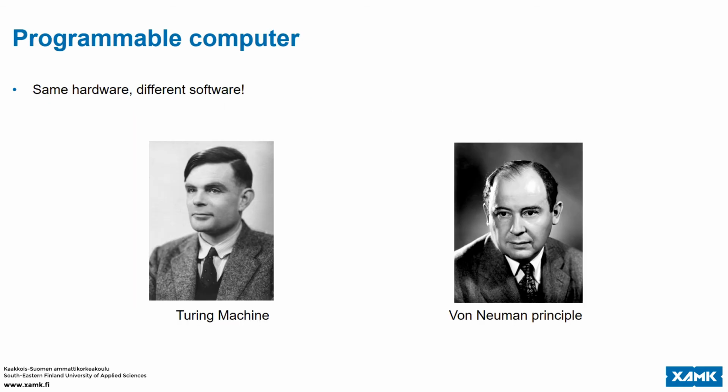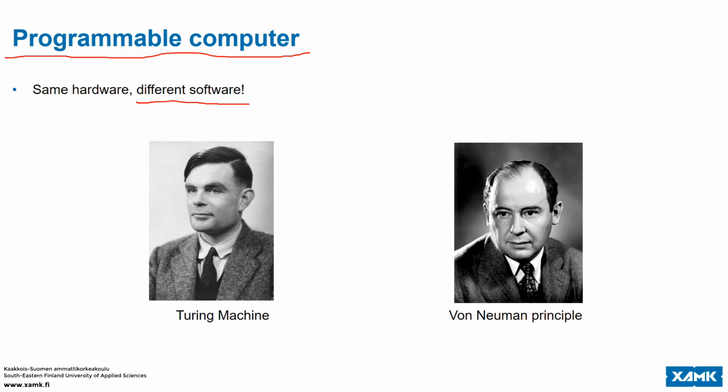The really big important idea here is the idea of the programmable computer. The same hardware can solve different problems using different software code, and both of these ideas basically boil down to the inventions and big ideas of Alan Turing, who invented his theoretical Turing machine.